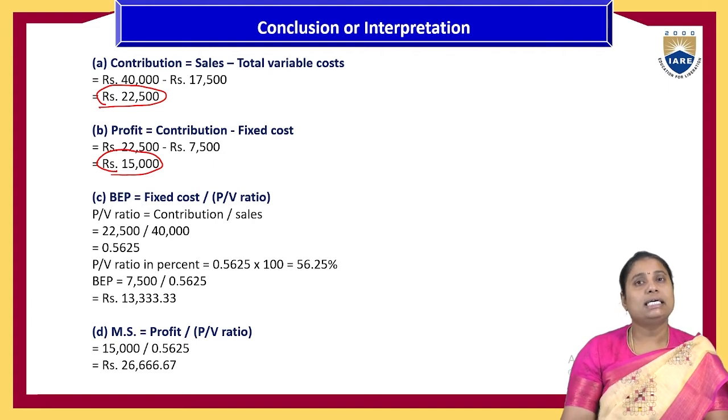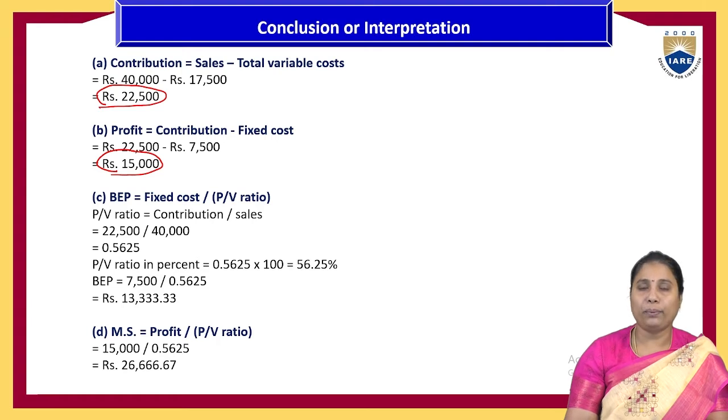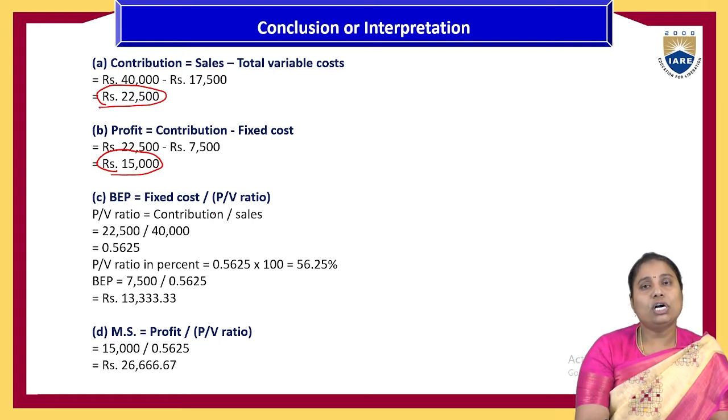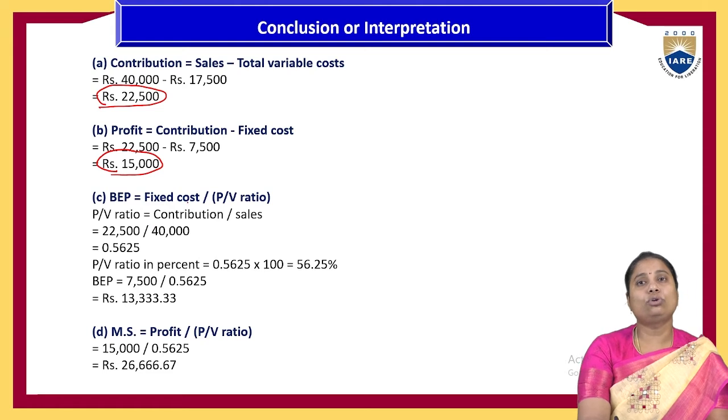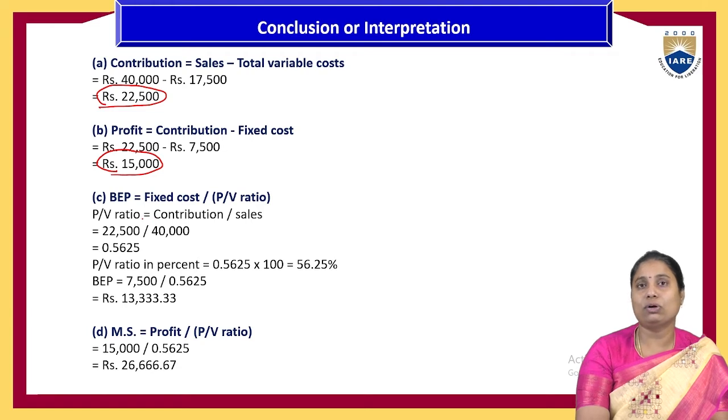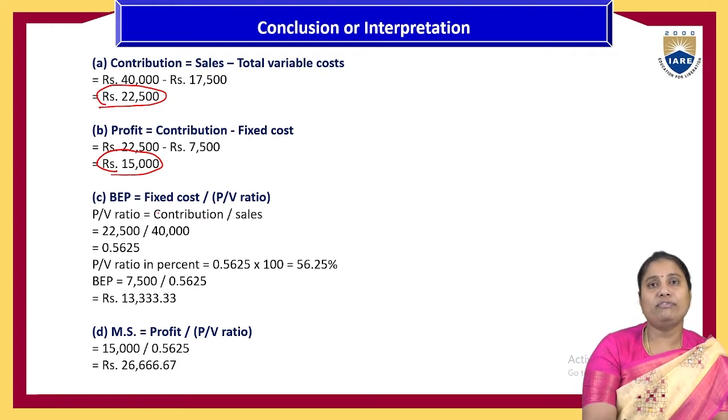Then the third element, they asked us to calculate the break-even point, BEP, which is equal to fixed cost divided by the profit volume ratio. Profit volume ratio means, out of the total sales, the ratio of the contribution provided by that particular product. It is calculated as contribution divided by sales.